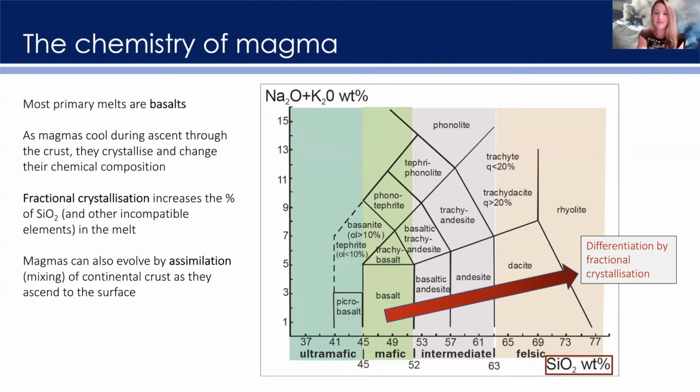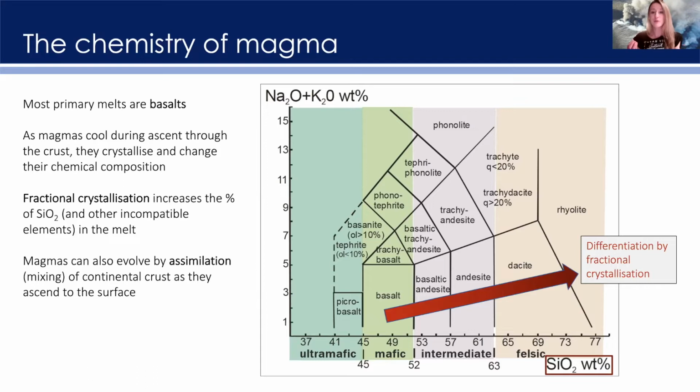If we look at this diagram on the right-hand side, they all have very intriguing names like basanite, tephrites, basaltic trachyandesites, a whole lot of words you don't need to understand at the moment. But essentially, the take home here is most primary melts from the mantle, most of what we call primitive magmas, start out as a basalt, so down here. And then as magmas rise through the crust, they begin to cool and they crystallize.